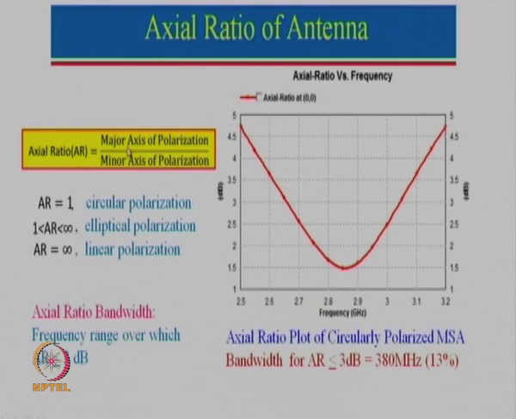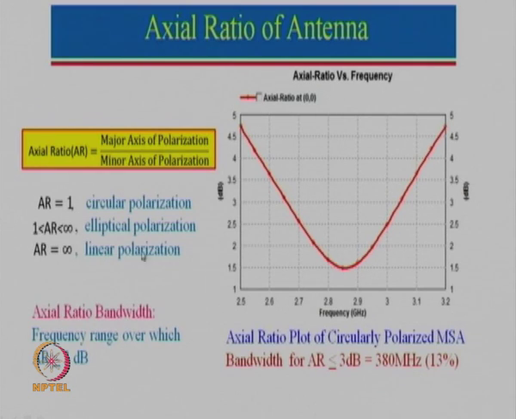For a circle, major axis is equal to minor, so axial ratio will be 1. For linear polarization, the minor axis will be 0, so 1 divided by 0 will be infinity. Anything in between will lead us to elliptical polarization.